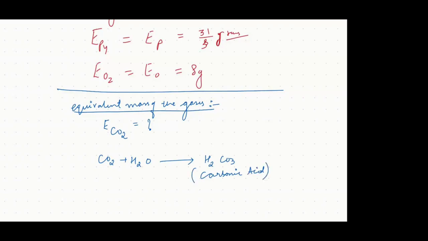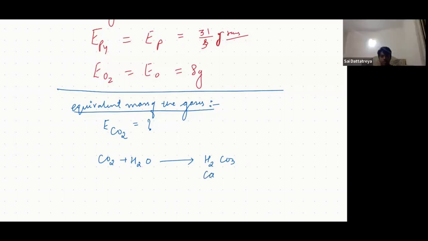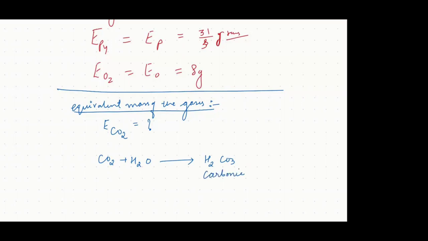And hence, if I have H2CO3, that is my carbonic acid, what do you understand from this point? That H2O plus CO2 shall give you H2CO3, carbonic acid. And for carbonic acid, I can see it is going to give me 2H plus. So the N factor for the acid would be 2 here.